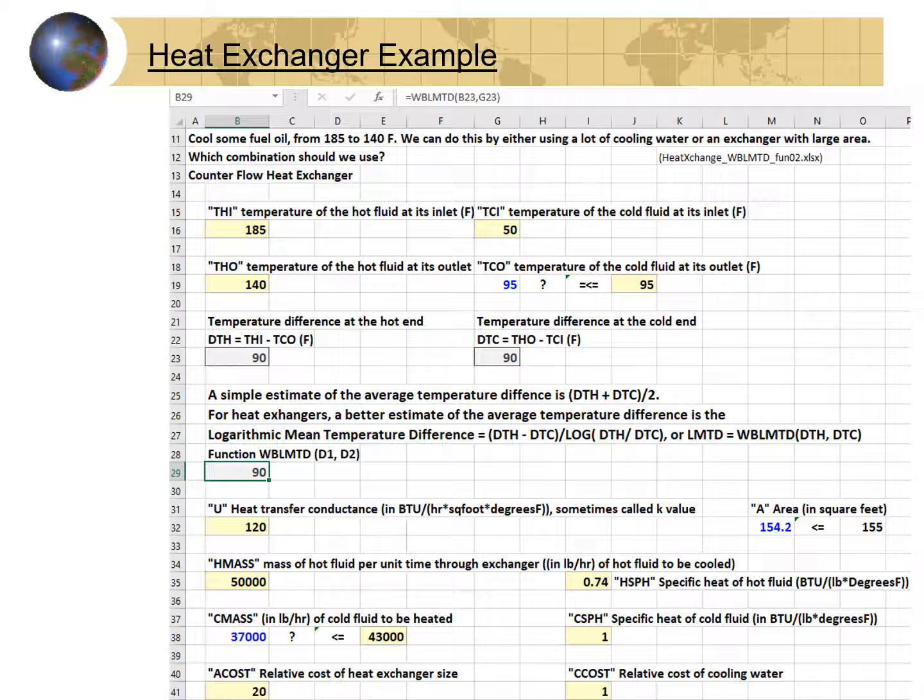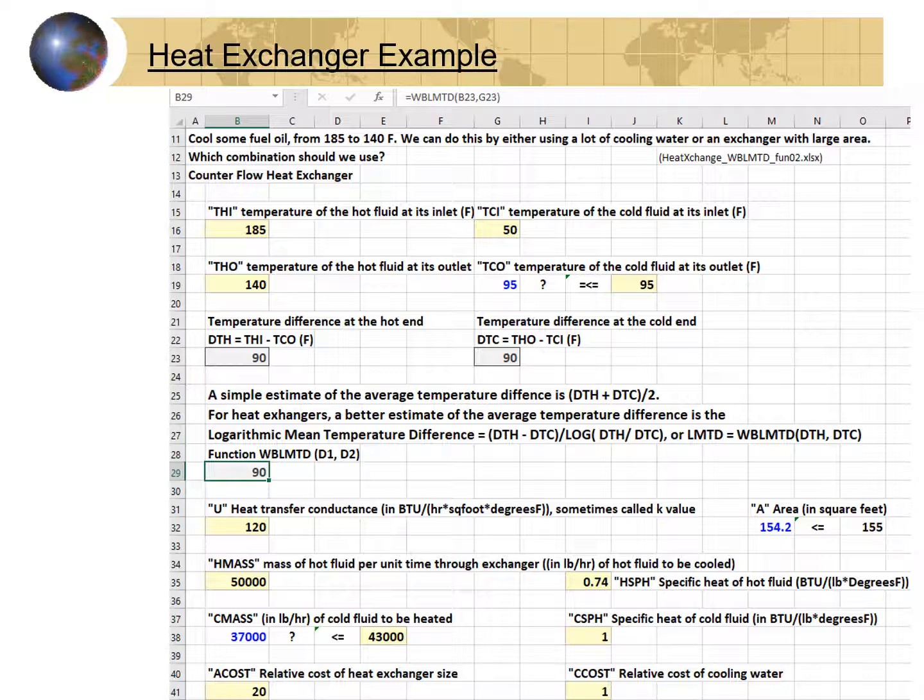To summarize in a nutshell, the key thing of importance is the average temperature difference between these two fluids over the entire length of their flow through there. If we know the average temperature difference, then we can calculate the amount of heat that is transferred, and we compute the various temperatures involved and so forth.